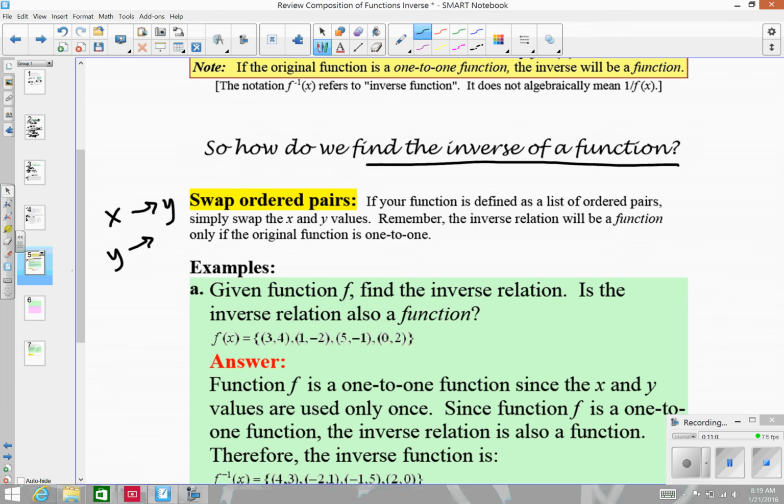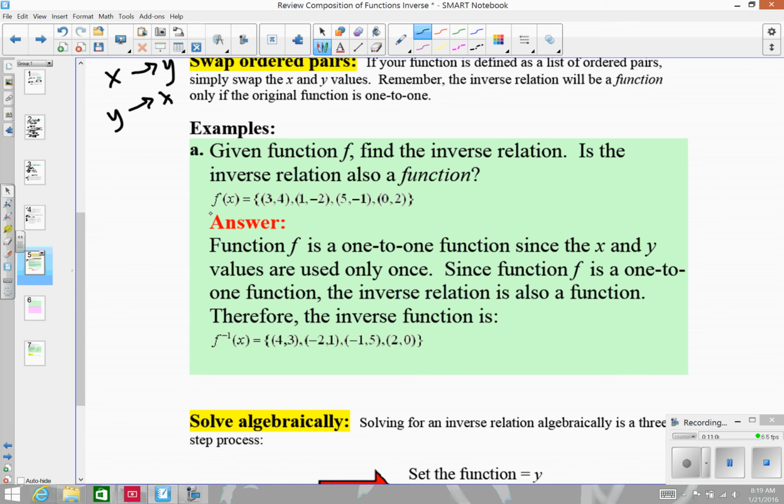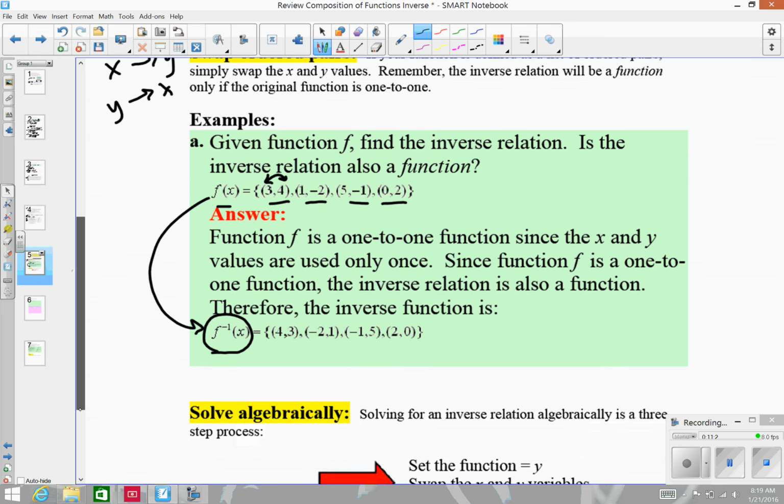Whatever is in our y values, we would switch into our x values. So if you are given a function and it's defined by coordinate pairs, to get the inverse, you would just take each of those and reverse them. So down here, inverse of that is 4, 3, negative 2, 1, etc.